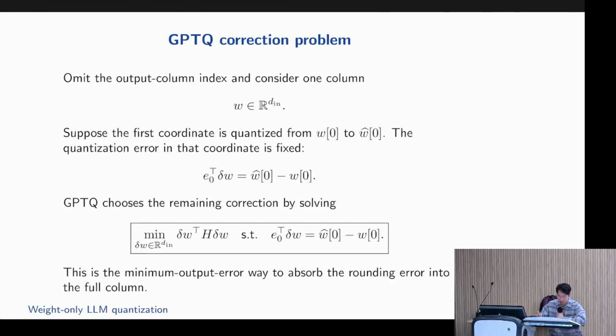Okay, so let's just drop the output column index and just consider one column in the weight matrix. Suppose the first coordinate, W0, is quantized to W hat. And what is the quantization error induced by this quantization of the first coordinate?